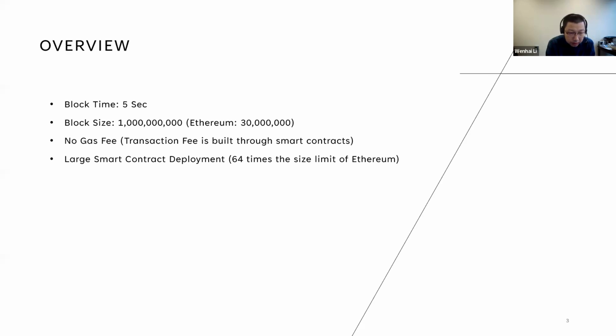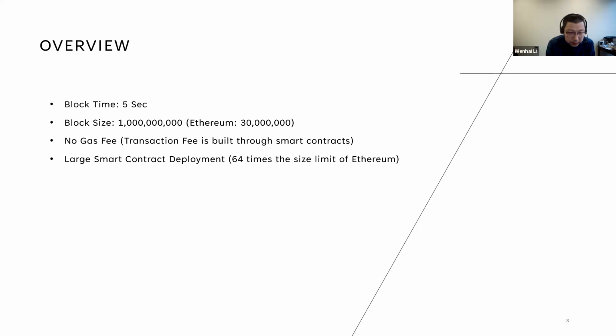And also, we do not have any gas fee. The transaction fee is actually built through the smart contracts. For example, if you use Toro, we do have a system-wide transaction fee set for the Toro. If you use some other token or currency, they may have different transaction fees there. So this is more like a traditional financial bank, how the fee is collected for the transaction.